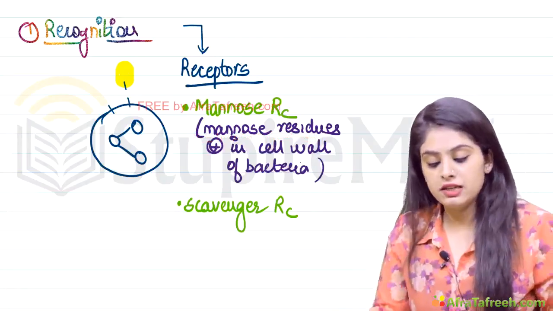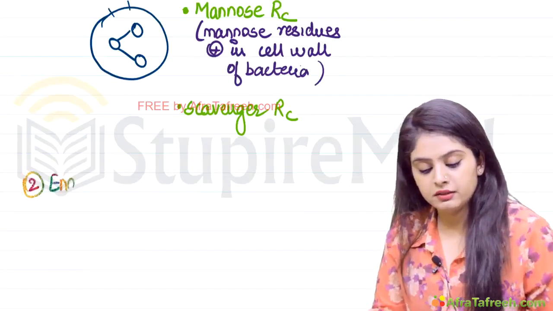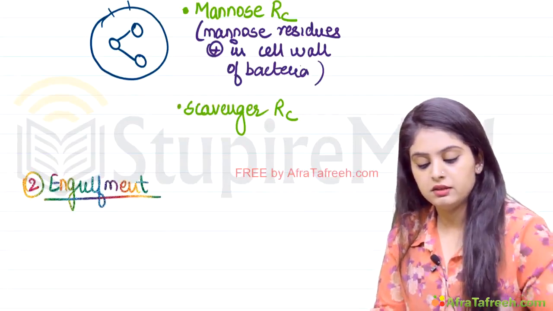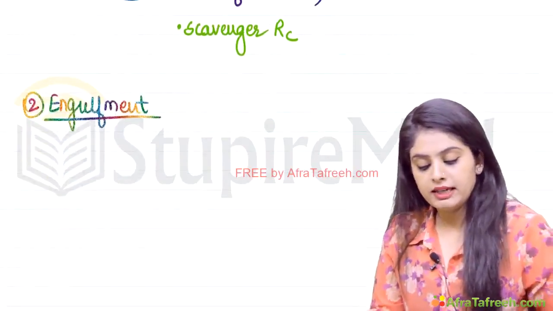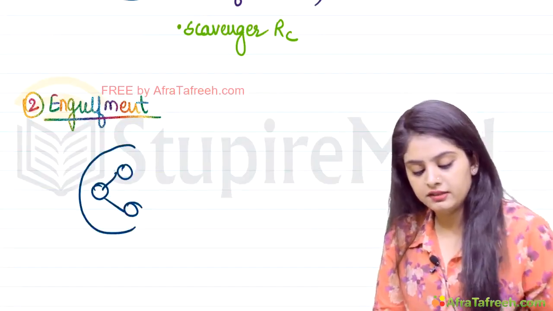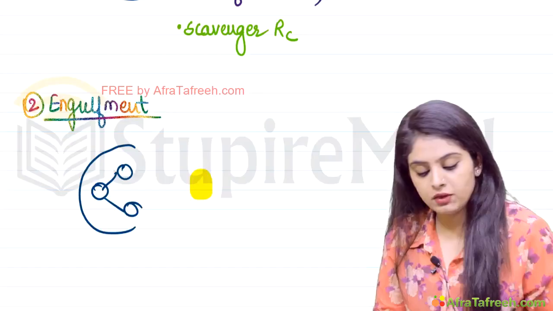After recognition, the next step is engulfment. Now, how will that happen? If this was a particular neutrophil or cell, and this is the bacteria which is covered by a layer of what?